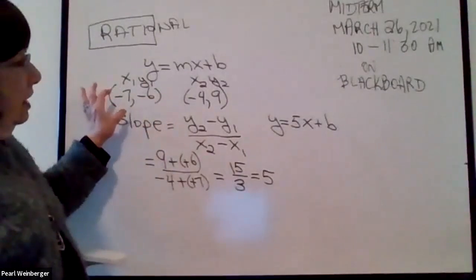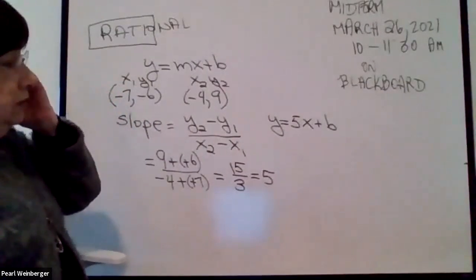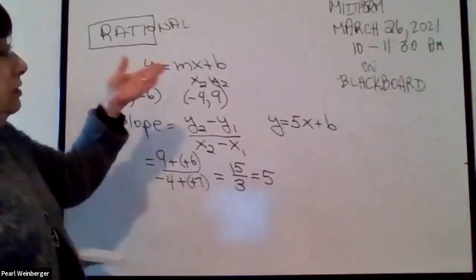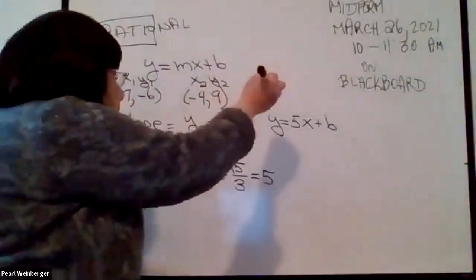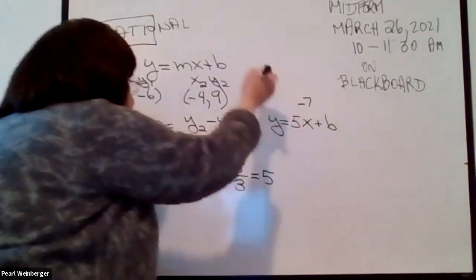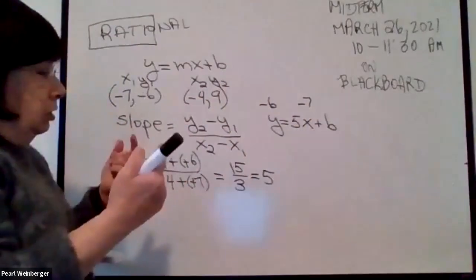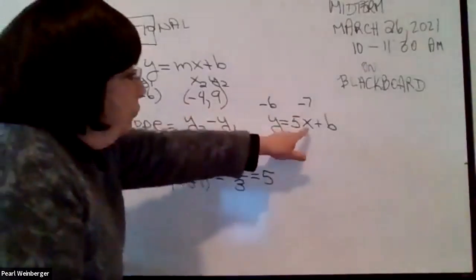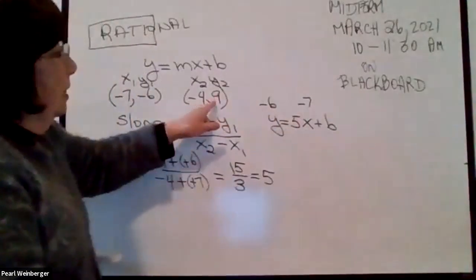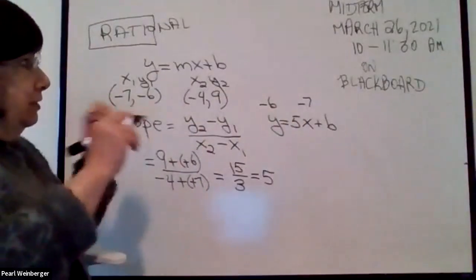I can take either one of the points. I'll take the first one just because it doesn't make a difference, and substitute it in. In other words, I can put -7 in place of the x and -6 in place of the y. Alternatively, I could have put -4 in place of the x and 9 in place of the y. Be very careful. Don't mix and match.